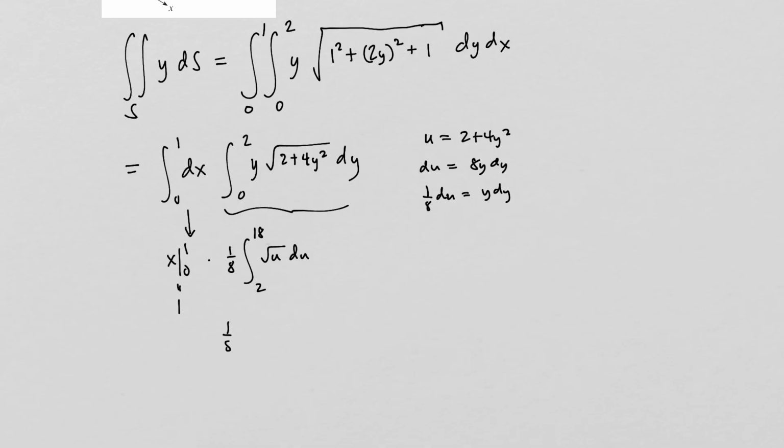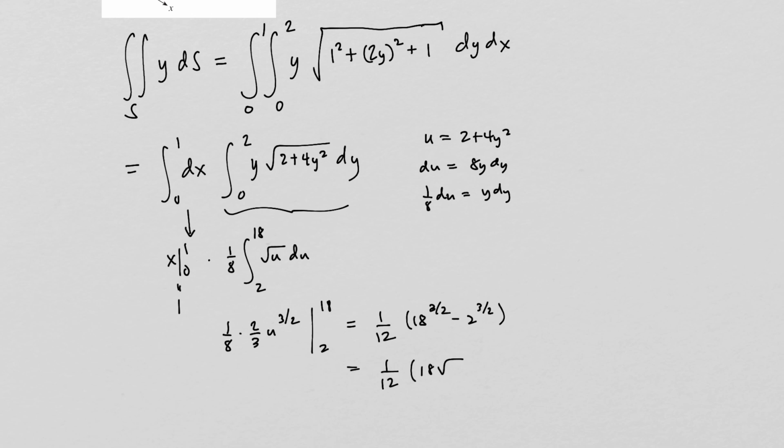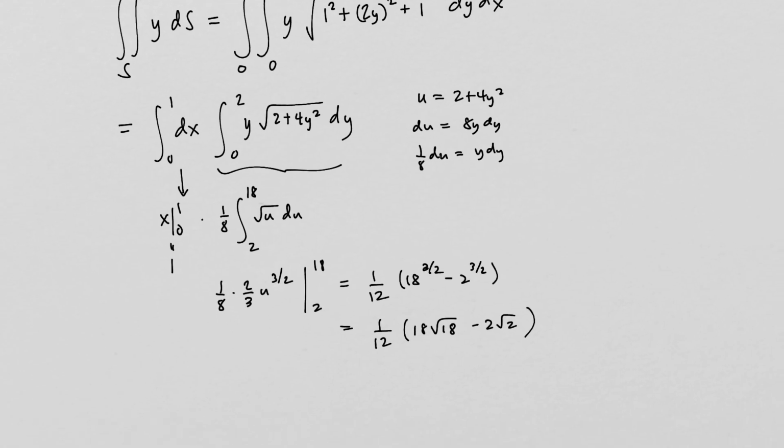So we have 1/8. The integral of u to the 1/2 is 2/3 u to the 3/2 from 2 to 18. This becomes 1/12, 18 to the 3/2 minus 2 to the 3/2, which is 1/12, 18 radical 18 minus 2 radical 2. And the square root of 18, you can pull out a 9, which becomes a 3.